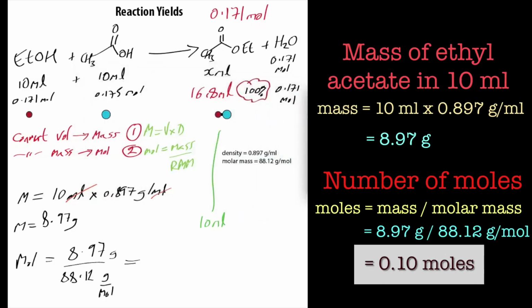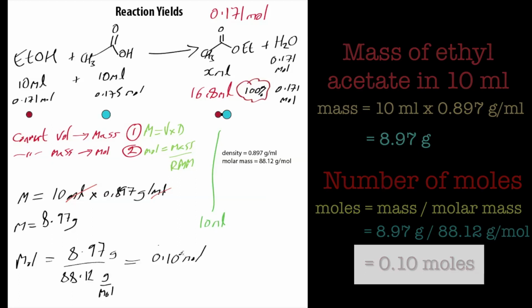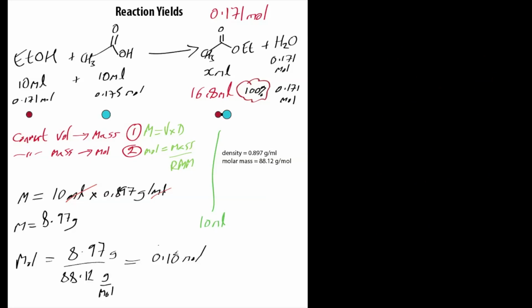So that equals 0.10 moles, instead of 0.171 moles. So what we need to do now is work out our percentage yield.